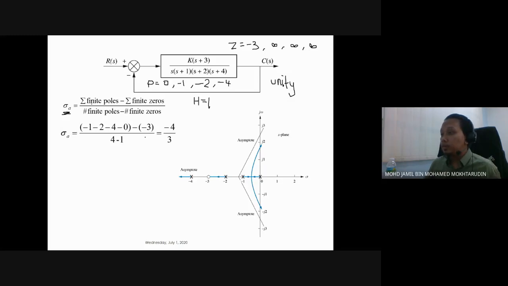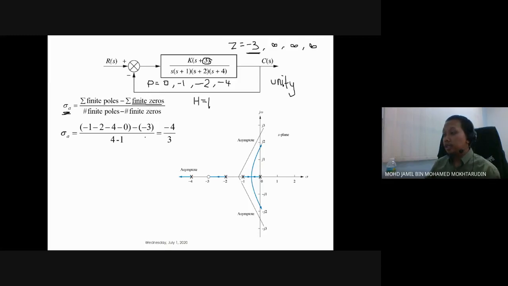So finite poles will be -1 plus -2 plus -4 and plus 0. And finite zero, so you only consider this zero only, even though you get 3 infinity. But since this is finite zero, meaning that zero that can be found directly from the transfer function, you only consider that in calculation.